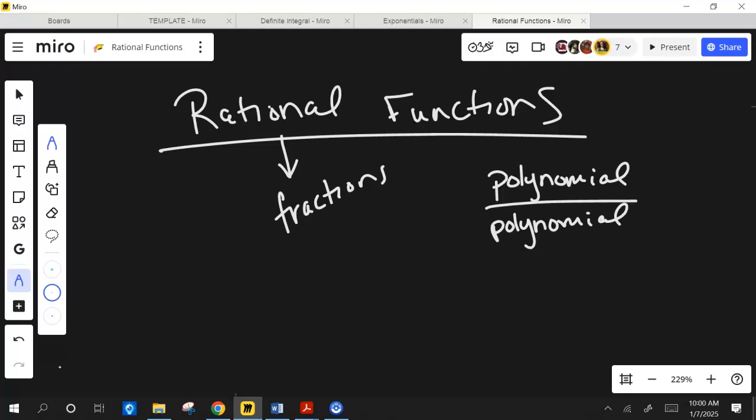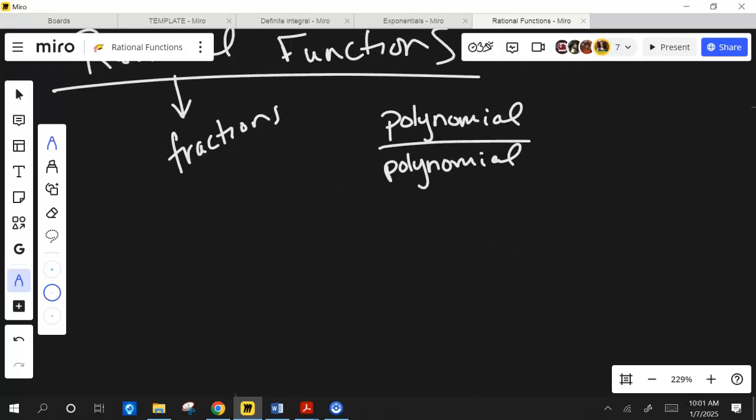Polynomial over polynomial. Okay. So instead of just a normal fraction like you're probably used to dealing with, we have these nasty fractions, right? Things that don't look so nice and pretty. For example, maybe we have something like this.